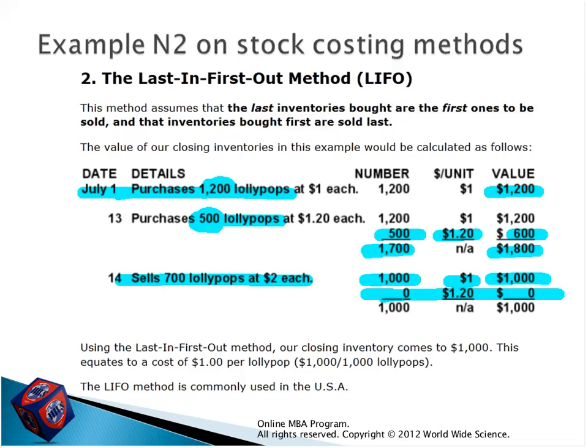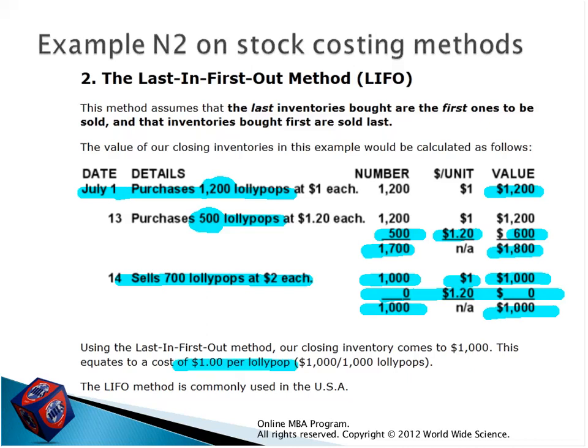And at the end of the period, we have lollipops in the amount of 1,000 units, valued at 1,000 US dollars. To find the price of this unit, just take your value and divide by the number of units, and you will get the price per lollipop at the end of the period.